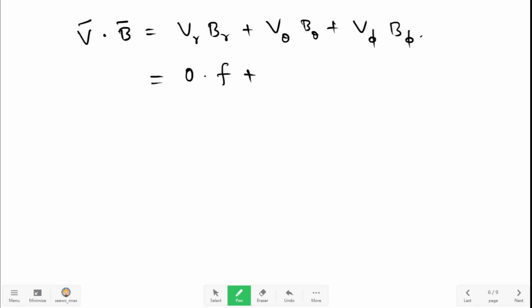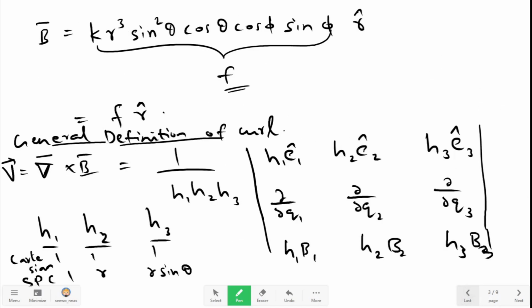V_theta is not equal to 0, but B_theta is equal to 0. V_phi is not equal to 0, but B_phi is equal to 0, because B is defined as F r cap, where F is k r cube sin square theta cos phi sin phi.